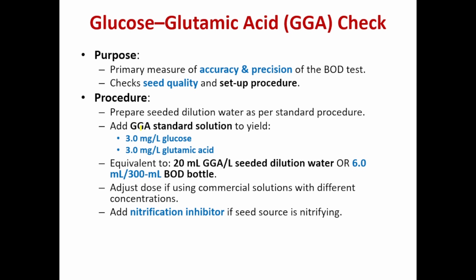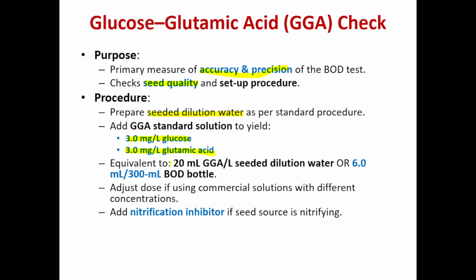The purpose of this test is to measure accuracy and precision of the BOD test. It also checks seed quality and setup procedures. The procedure for this test is: prepare seeded dilution water as per standard procedure, then add GGA standard solution to yield 3 mg per liter glucose and 3 mg per liter glutamic acid.